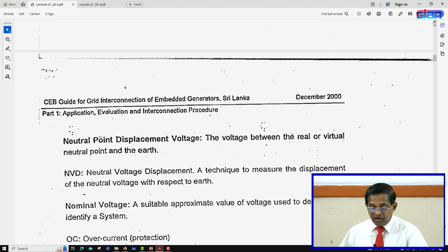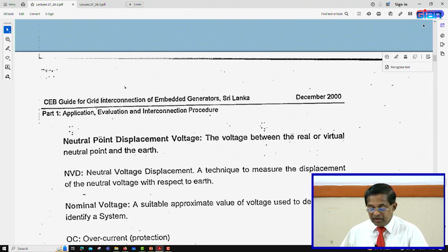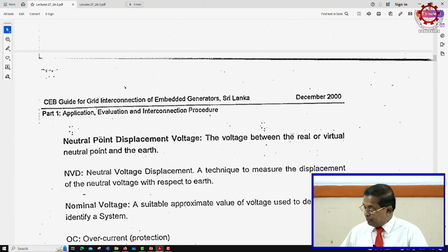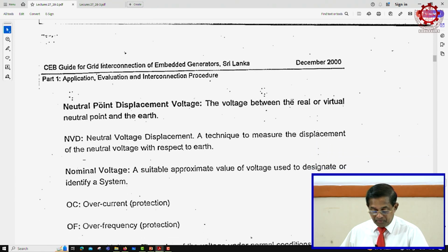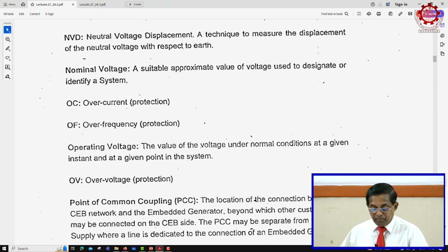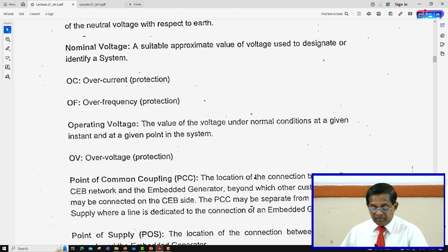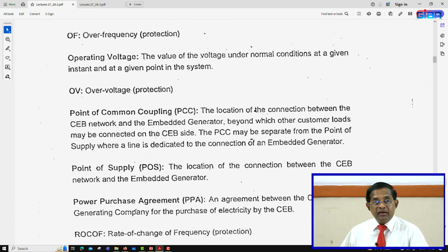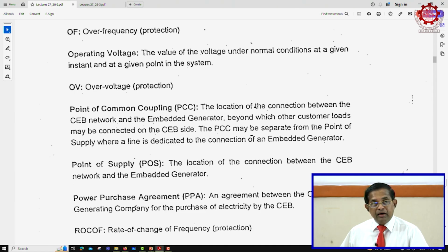This is a good place where you can know things exactly, without ambiguity. For example, what is neutral point displacement voltage, what is NVD, you can know without doubts. That is why the definition part is very important. Some are very familiar to us, like voltage or frequency, some are not. Then point of common coupling and point of supply are legal definitions. Otherwise, when you go to court over some matter, there will be ambiguity.